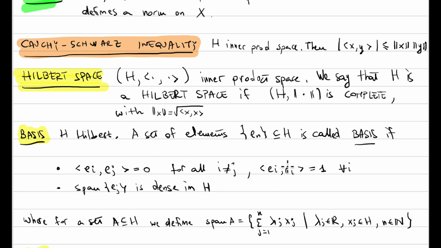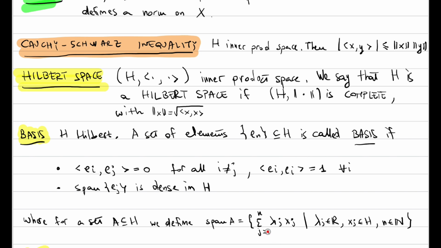So having said that, if this orthonormality condition holds, and the span of e_j is dense in H, meaning that the closure of this set is dense in H with respect to the norm induced by the inner product. For the span of an arbitrary set A in H, we mean this set here.